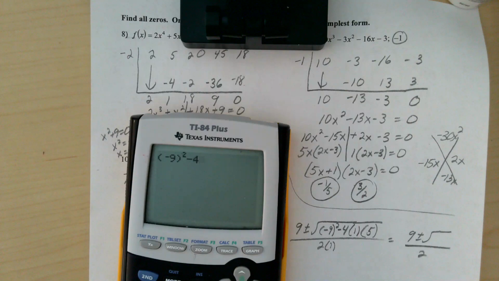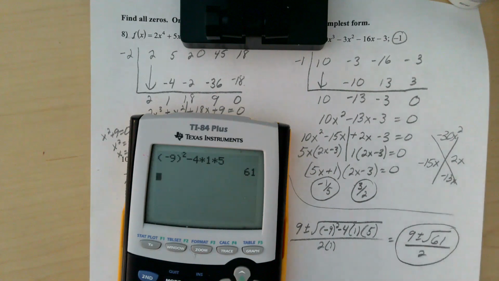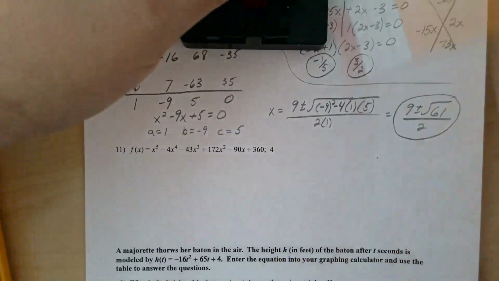It knows to subtract 4 times 5, or 1 times 5. I'll put the 1 in. When I hit enter, I see it's a 61, and I can leave it in that form. I would get a decimal if I tried to clean up the square root of 61. Okay, so that's a good enough answer. That counts as both answers with the plus and the minus. Okay, a couple more, and then we are done.